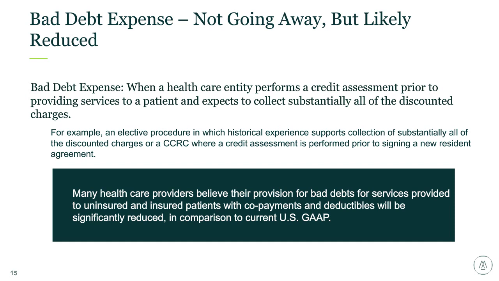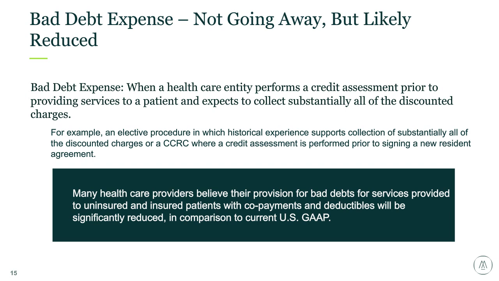If a healthcare entity performs a credit assessment prior to providing services to a patient and expects to collect all of the discounted or billed charges, for example, maybe a CCRC organization where a financial screening process may be performed prior to accepting a new resident, so you feel pretty good about the resident's ability to pay the subsequent charges. If something happens down the road and the patient isn't able to pay, that may constitute bad debt expense.